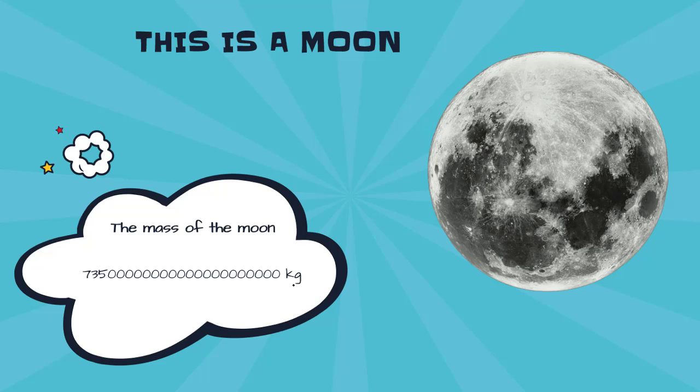There are a lot of zeros, right? It's really hard to say and really hard to write because there are a lot of zeros. That's why we need to express this number using scientific notation.